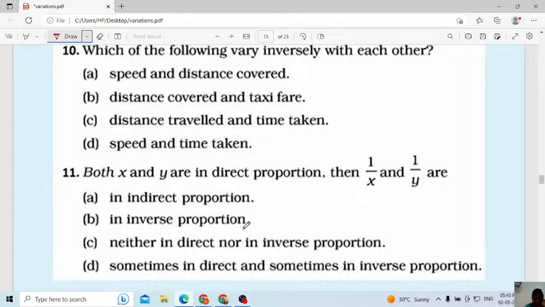What is the formula, Lakshmi? Speed will be distance divided by time. Which are the quantities they are asking to be inversely proportional? Speed and time. What is the correct answer? Option D is the correct answer.